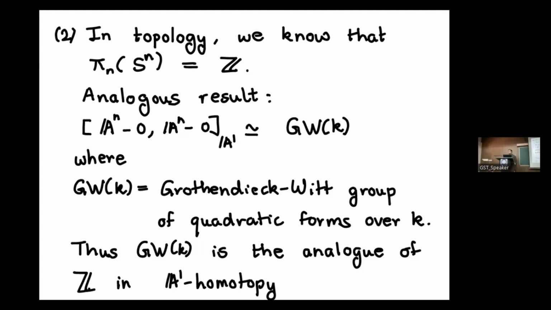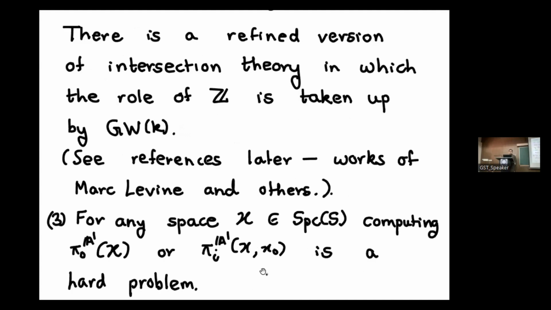So we have something called intersection theory and enumerative geometry, where some varieties intersect in a point, and you define the intersection number at that point, and so on. This game you can play with the Grothendieck-Witt group, and it gives you a refined version of intersection theory in which the role of Z is taken by this group.